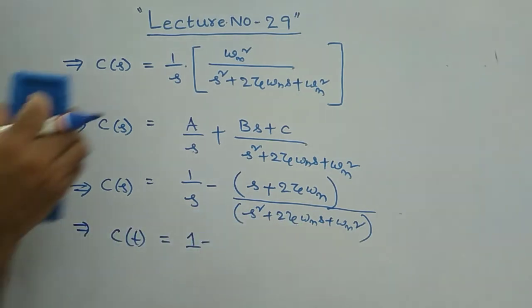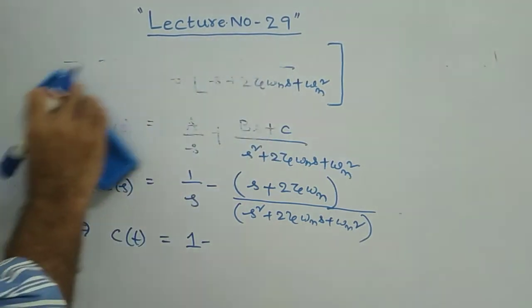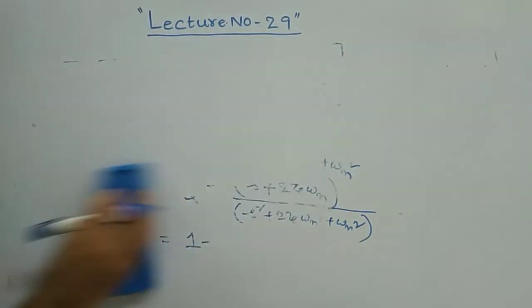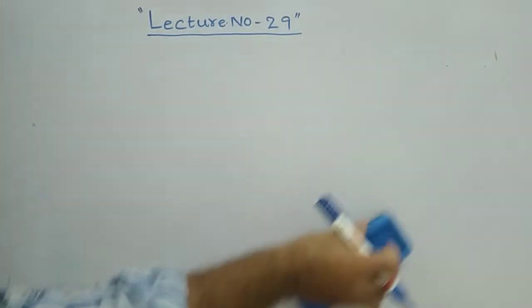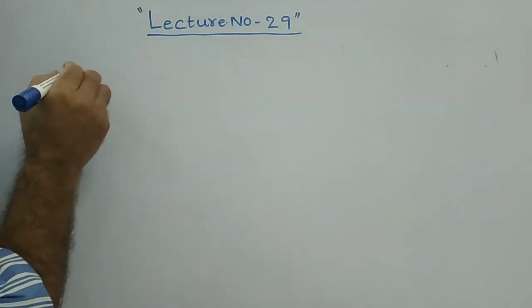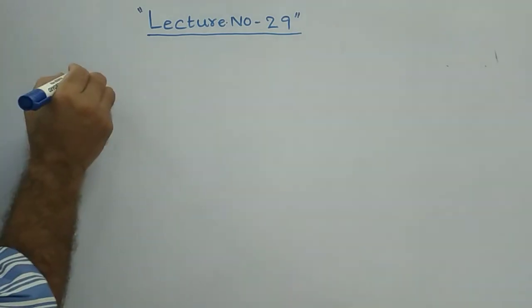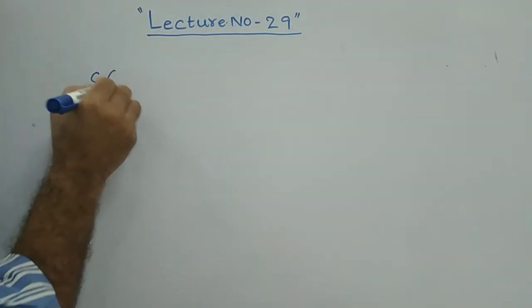I want to stress that expression basically. I will write that expression for you because it involves some mathematical simplification and calculations. Our equation of interest is C of t.